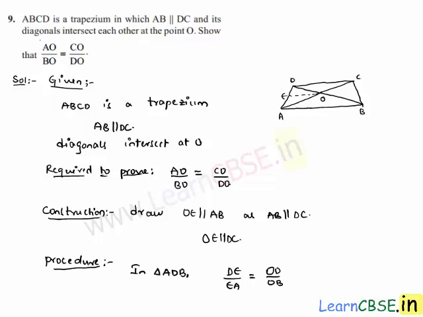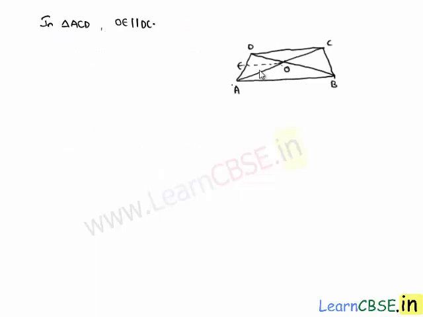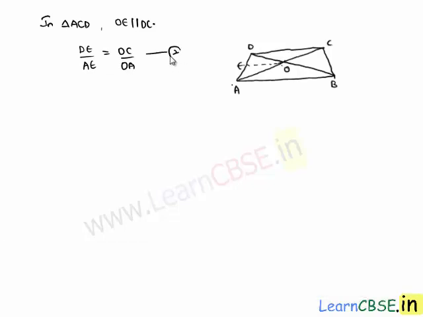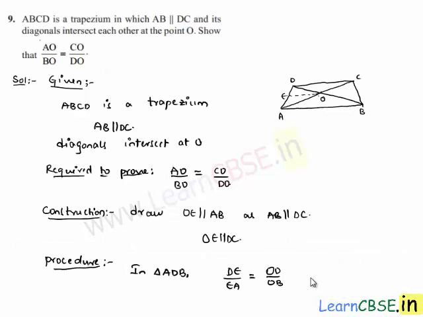Let it be equation number 1. Similarly, if we consider the triangle ACD, OE is parallel to DC. From the basic proportionality theorem, we can say that DE by AE is equal to OC by OA. Let it be equation number 2.